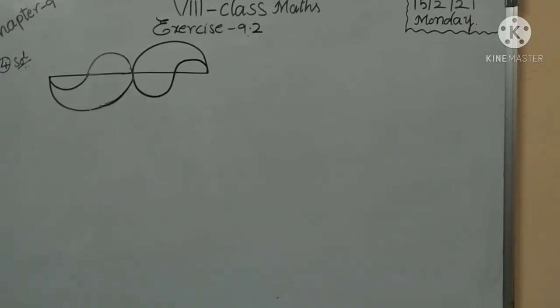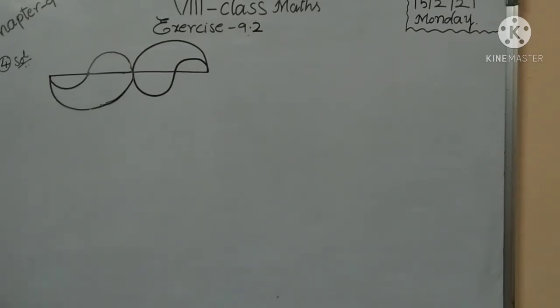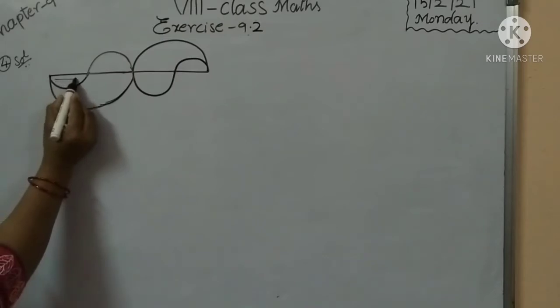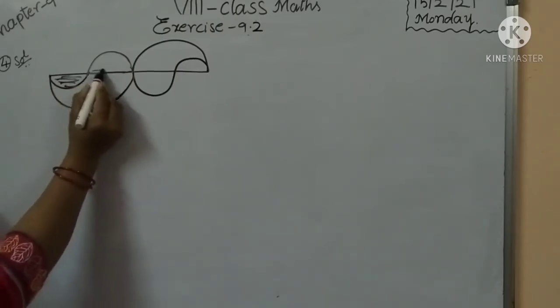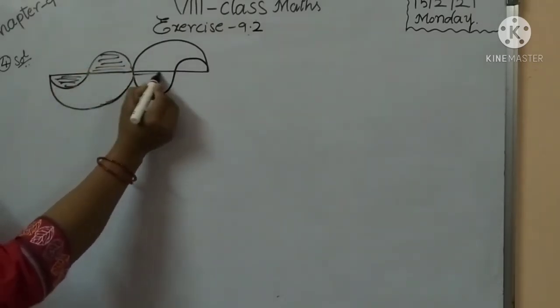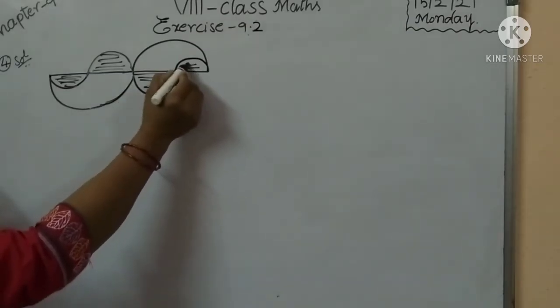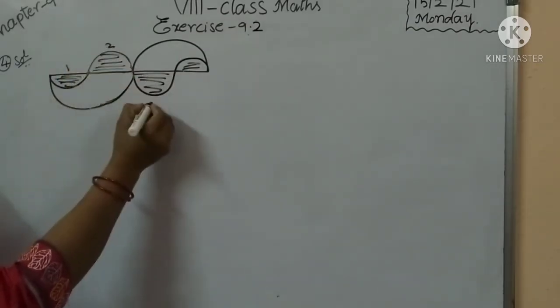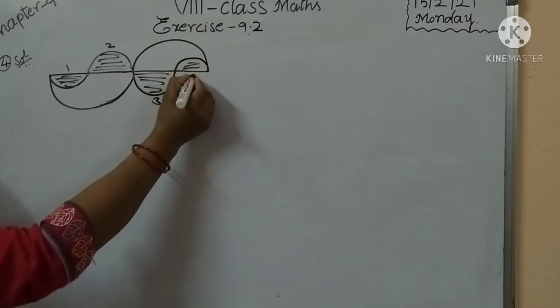Next problem, fourth one. Once look at the textbook ninth problem. The adjacent figure consists of four small semicircles of equal radii and two big semicircles. Once observe that here, four small semicircles. 1, 2, 3, 4.